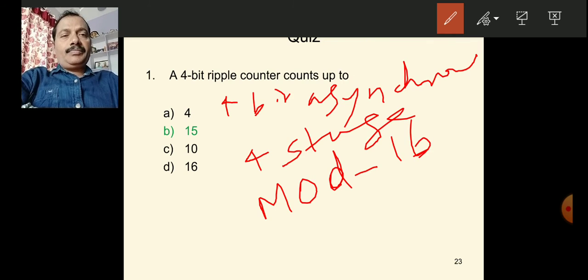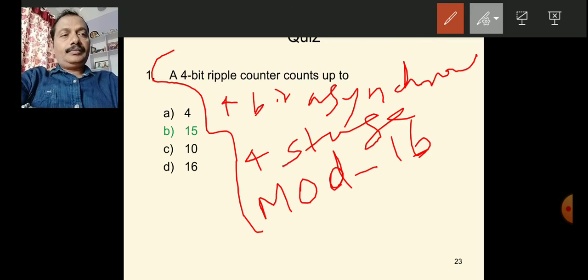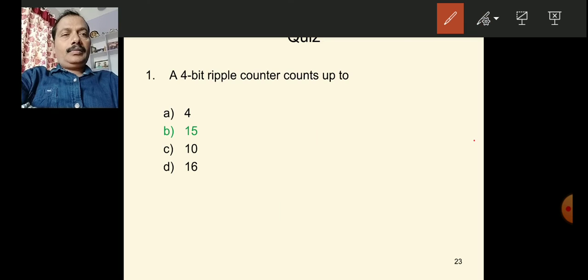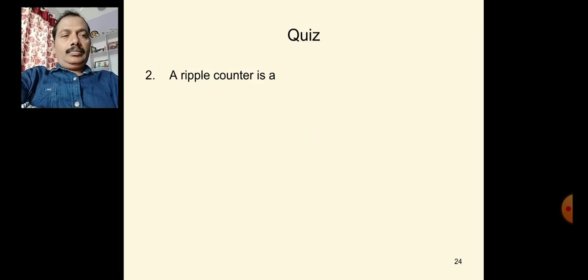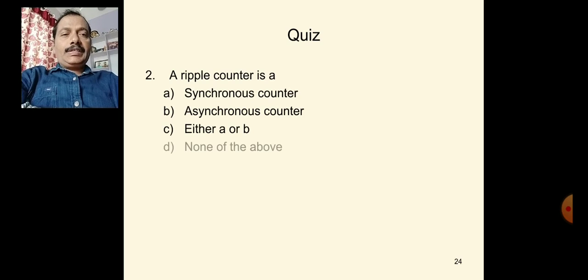All these are the same names if you observe: mod 16 ripple counter, mod 16 asynchronous counter, 4-bit asynchronous counter, 4-stage asynchronous counter. Like this you can call them. The name is the same. You have to remember this.